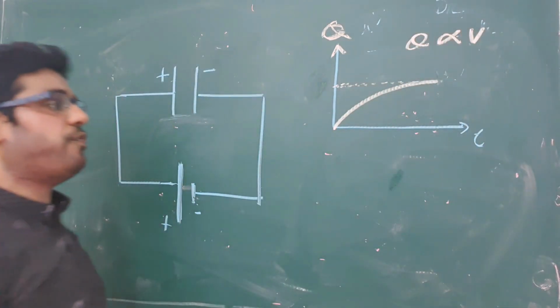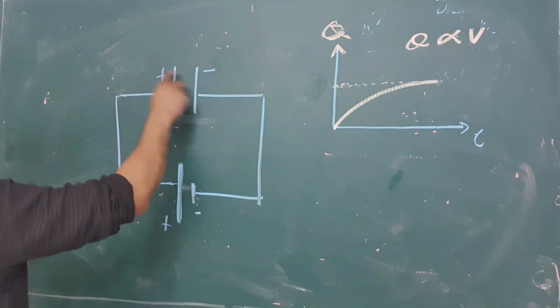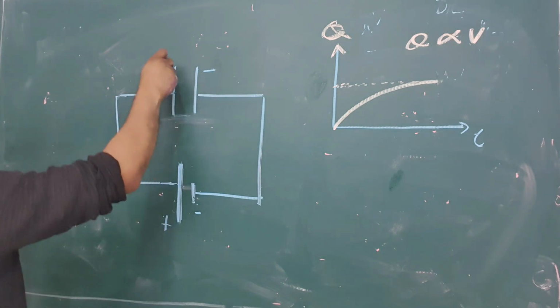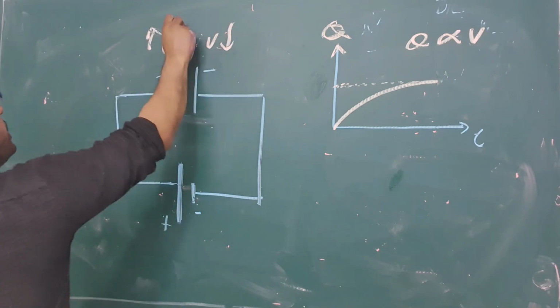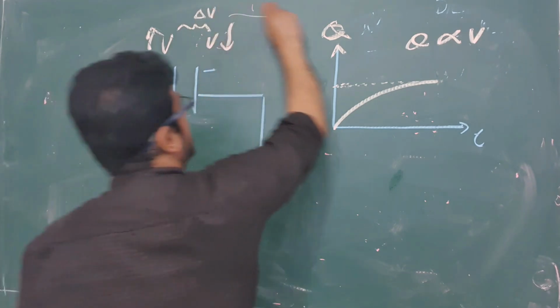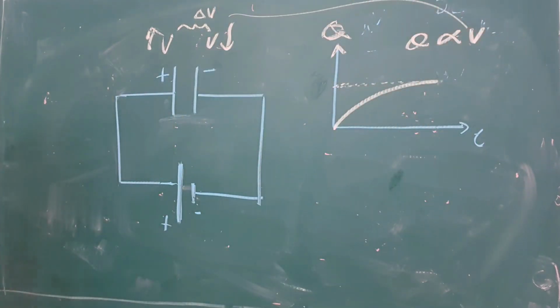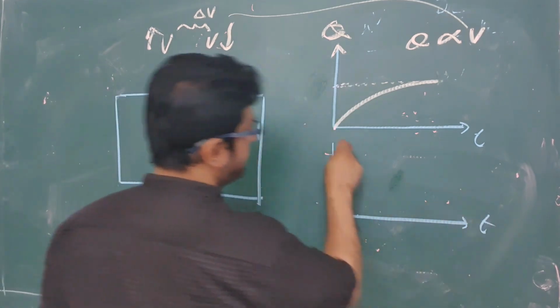V means voltage difference, because when current goes from plus to minus, charge is stored here. Plus increases the voltage, minus decreases the voltage. Due to this, it makes the voltage difference, represented by V. So the variation of voltage is also like this.